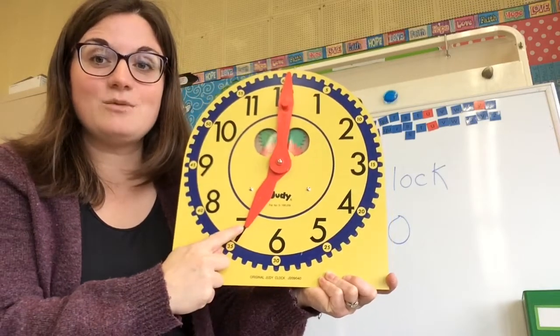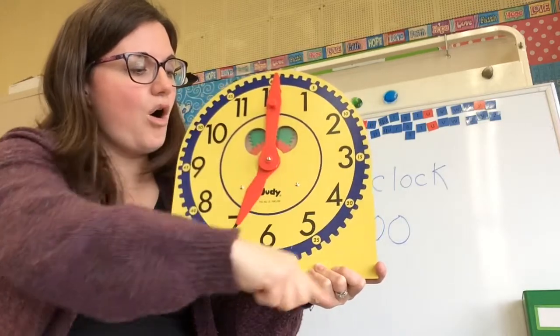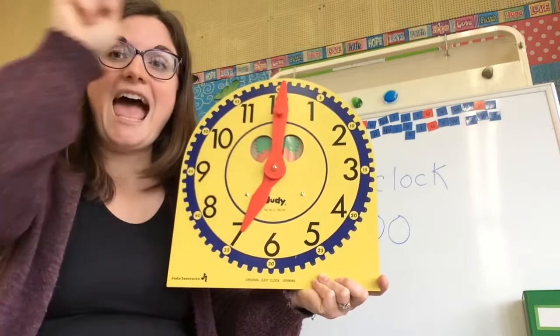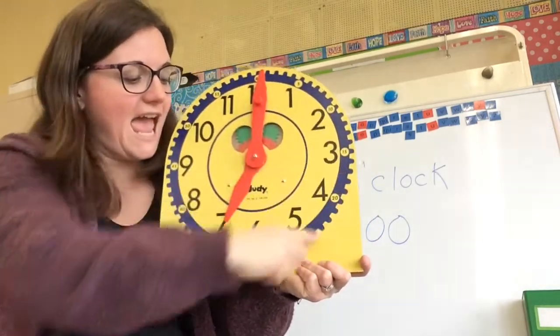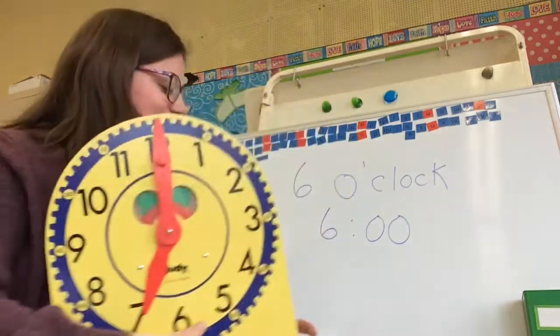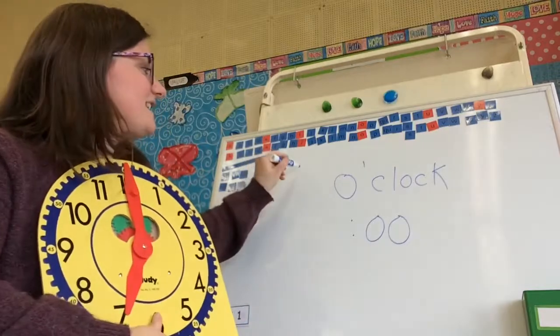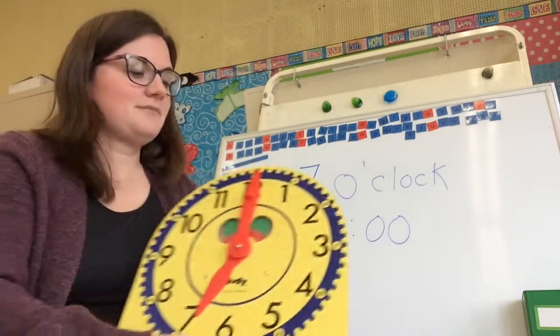My little hand went to the 7. So when the big hand goes all the way around, it changes the hour. An hour has gone by. So when it goes all the way around, that's 1 hour. And now it is 7 o'clock. Can you say that with me? 7 o'clock. Or I can write it in digits.